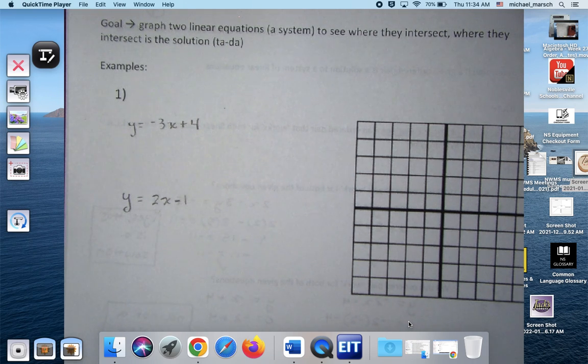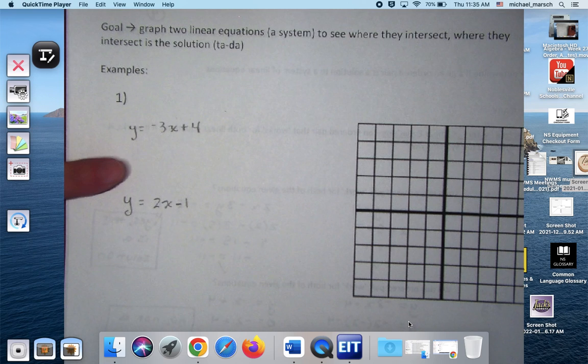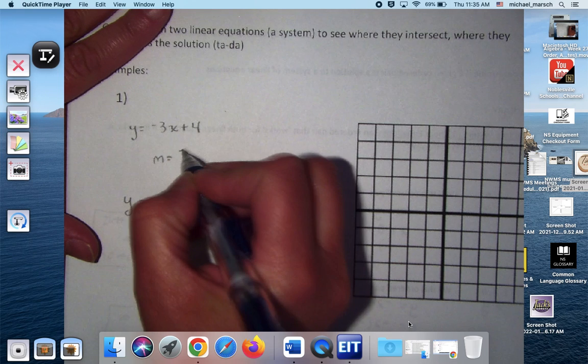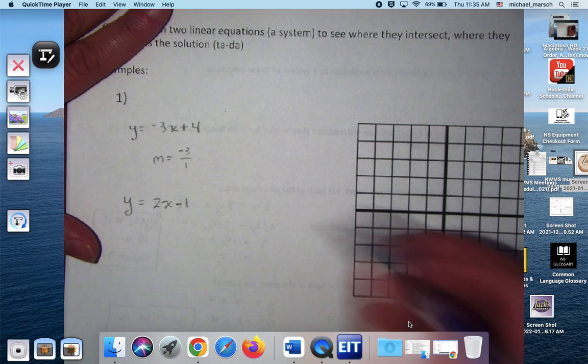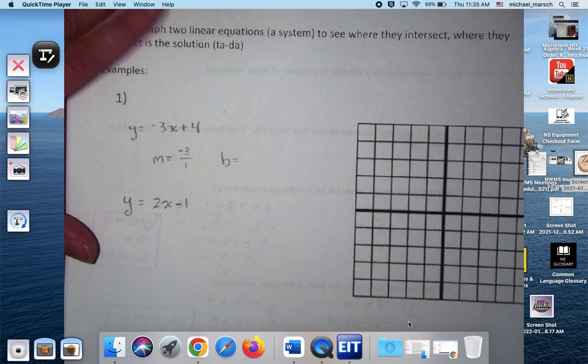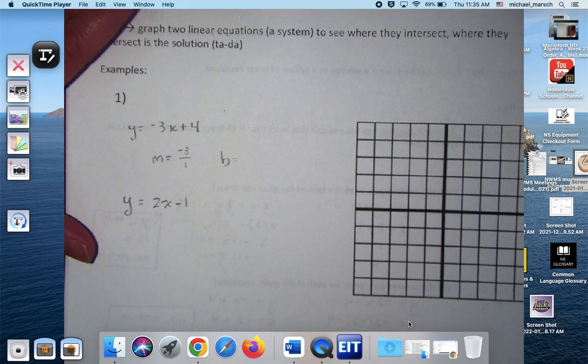All right. We got our slope-intercept form, so who can tell me what is the slope of this first equation? Negative 3. Remember, we're going to put it over 1, so down 3 over 1. What's my y-intercept? 0, 4.